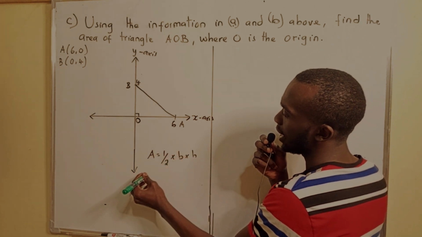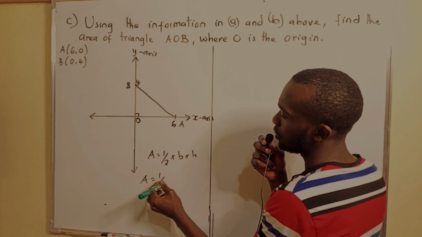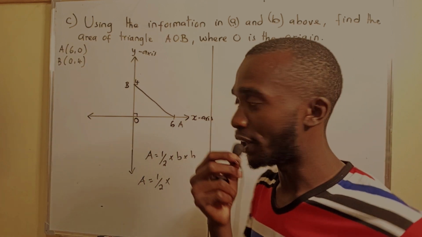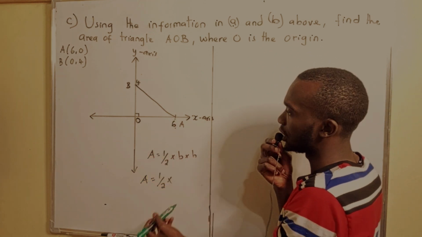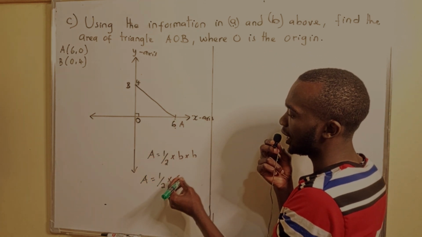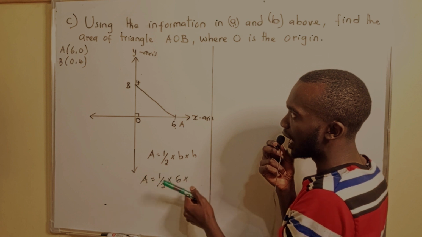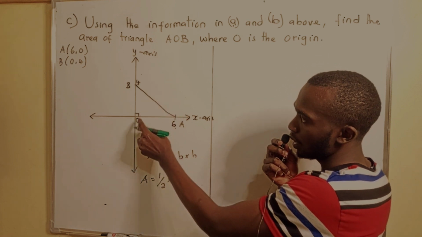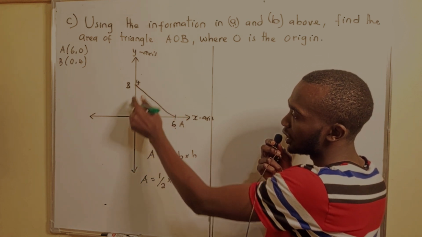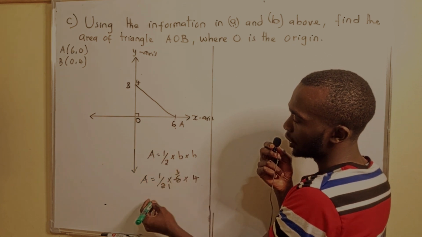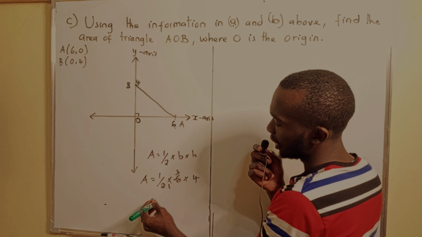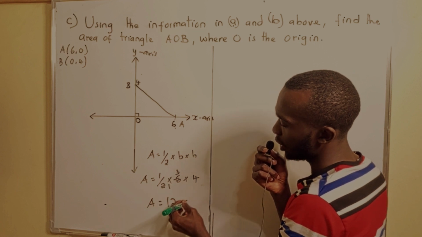The base of the triangle is from this point to this point, which is 6 units. The horizontal one is 6 and the vertical one is 0 to 4, that is 4. So a half times 6 times 4 gives the area equal to 12 square units.